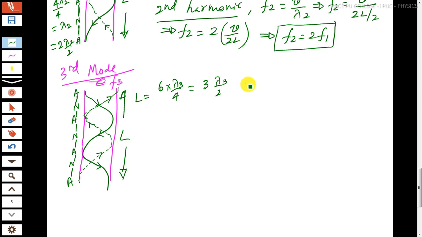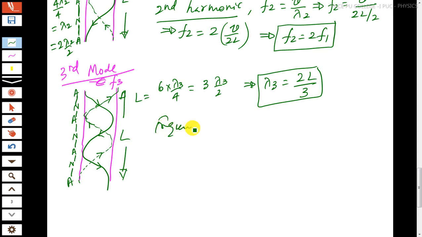So now solve for lambda 3. Lambda 3 is 2 times L divided by 3. This is the wavelength corresponding to the third mode of vibration. When you think of the frequency corresponding to this mode, otherwise we call it the third harmonic.